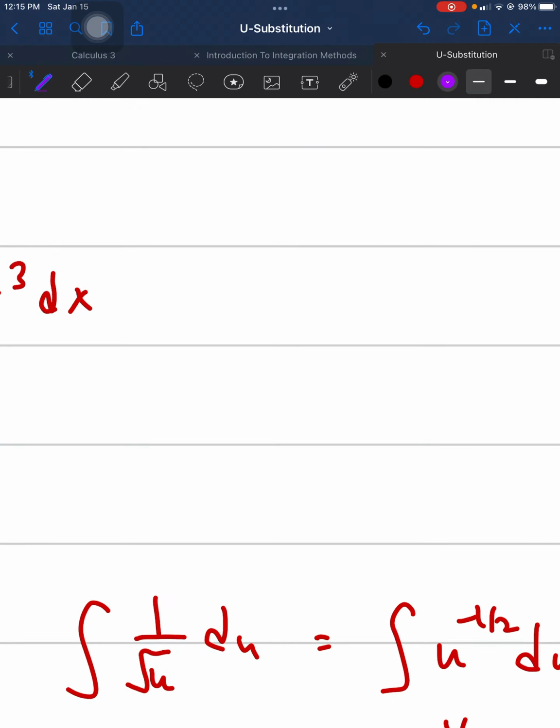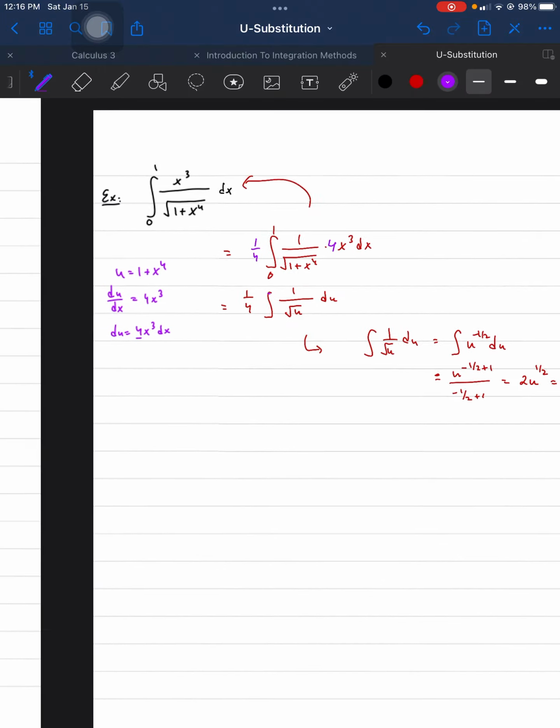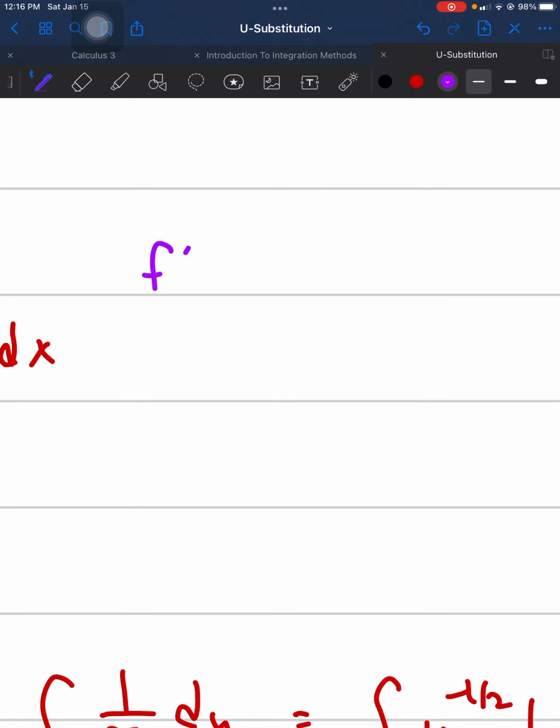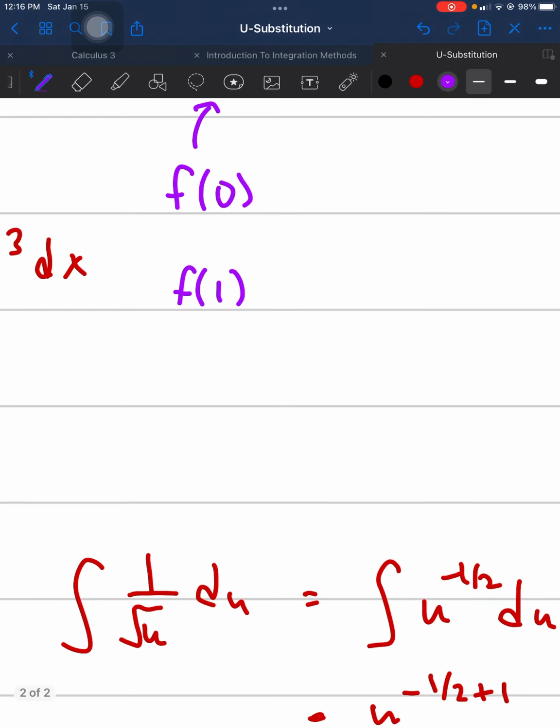So we want u of, where was it? 0. So let's take f of 0, and then let's take f of 1. And this is just a function u is equal to 1 plus x to the 4th, right?